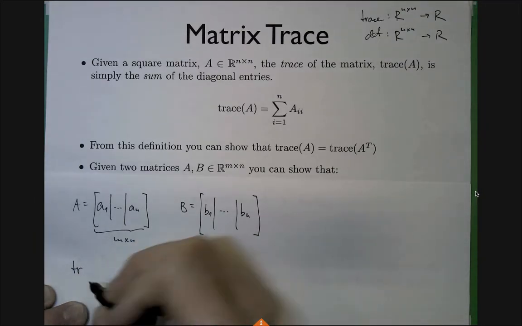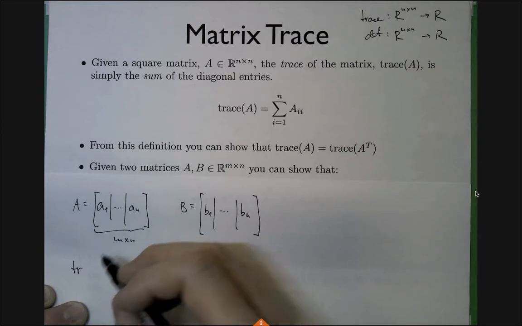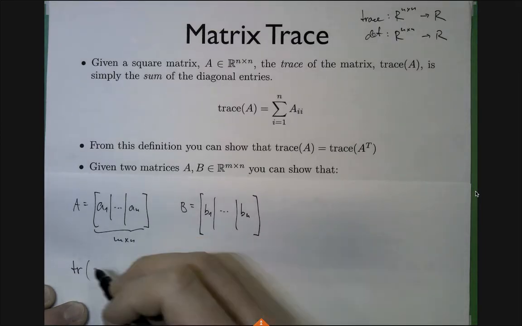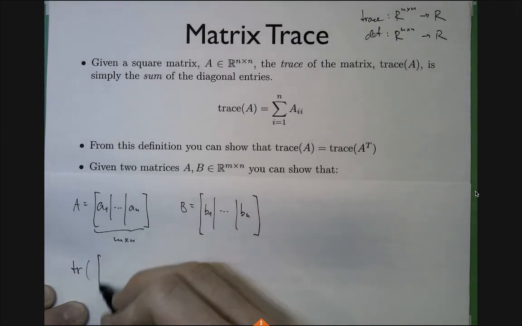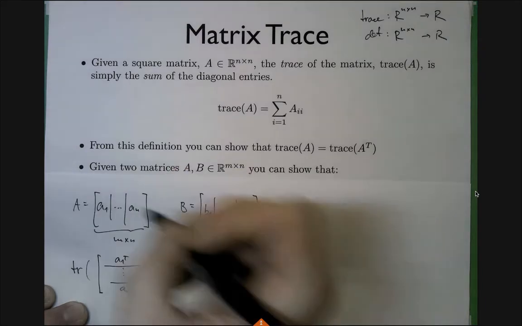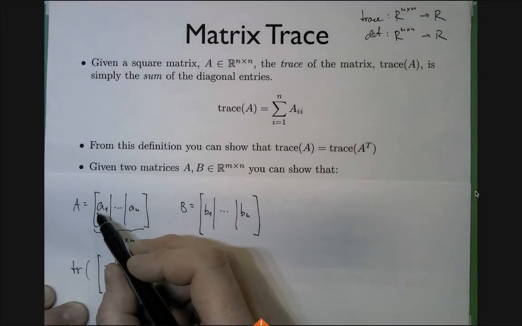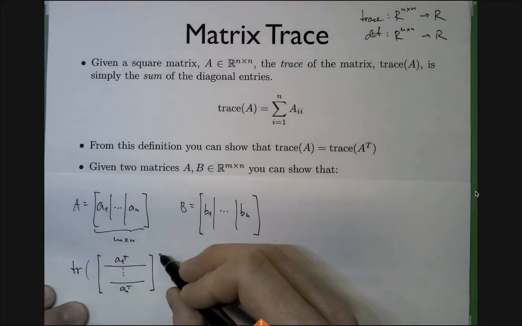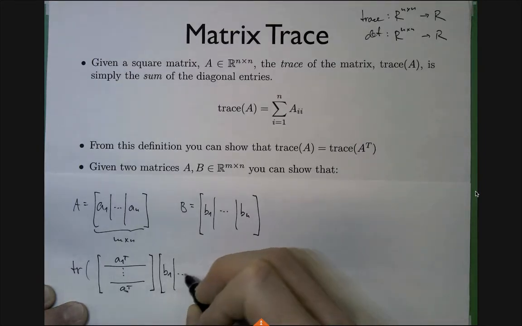Let me just write it as tr, so I don't have to write trace all the time. If I transpose A, I will get A1^T up to An^T, right? I just flip the role of rows and columns. And here is just B, my B columns.